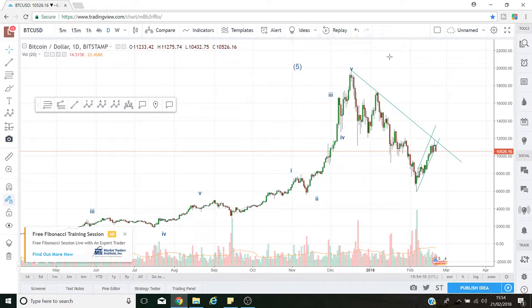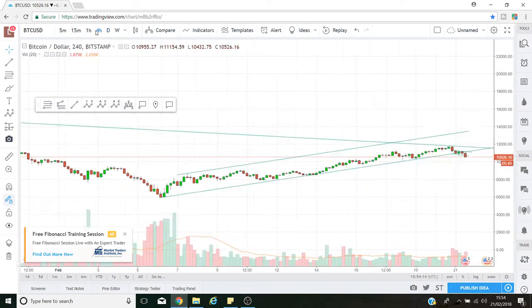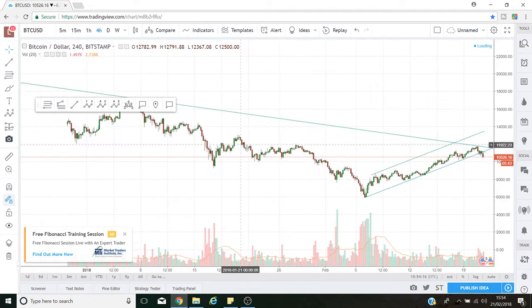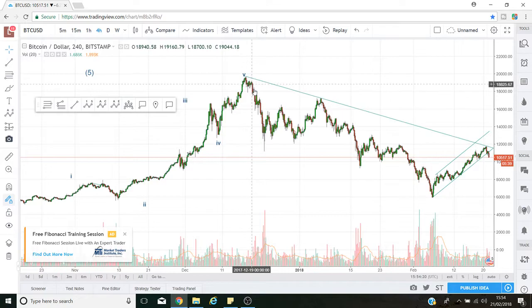And if we further break down this ABC, I think we should look at the 4-hourly chart now. That's probably a bit easier to look at. So I make this a 5-wave pattern down.